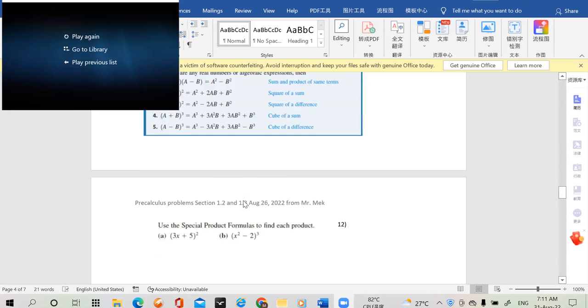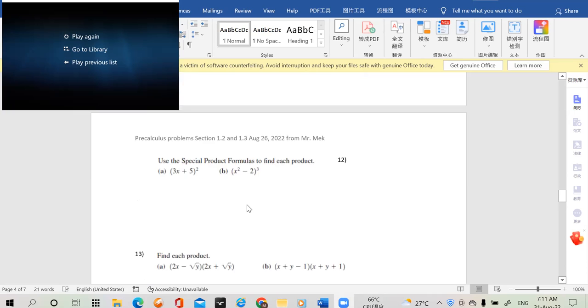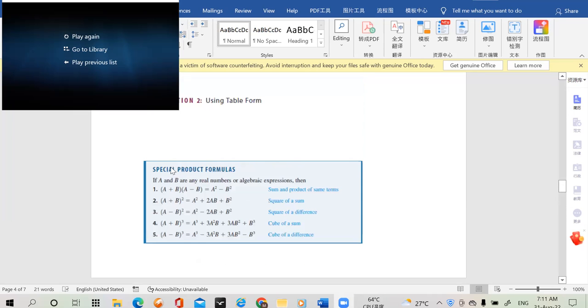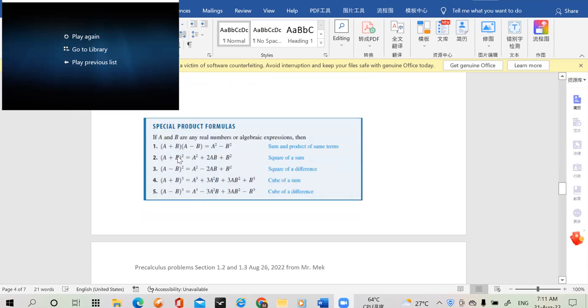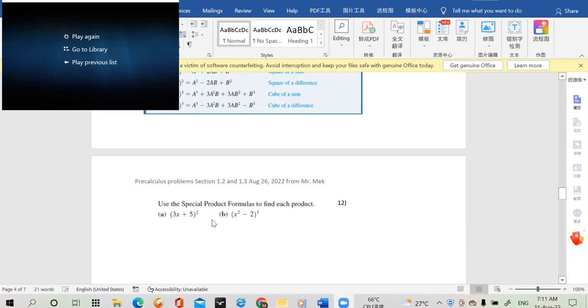Now, for the next few problems, special product formulas are all given to you in this table. So follow exactly this format. You can multiply them out if you want to, but you could just use the shortcut that's given in this table and then apply that to these expressions, all right?